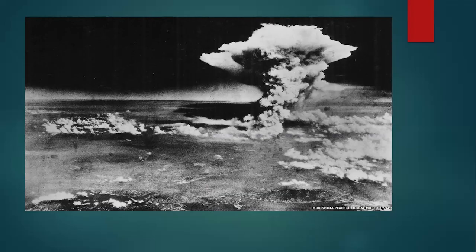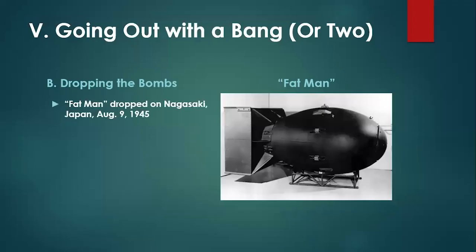And within the span of 3 days following this very unprecedented, devastating attack, members of the Japanese government never came out and publicly said, okay, we surrender, because they were too occupied trying to recover and survive. And because they never came out and publicly said, we surrender, 3 days later, the US dropped another atomic bomb named Fat Man on the town of Nagasaki, Japan.